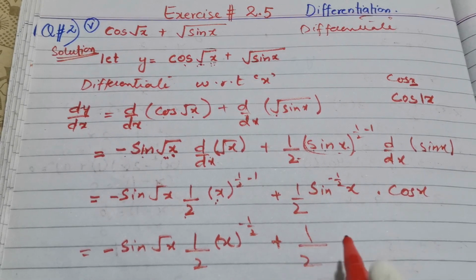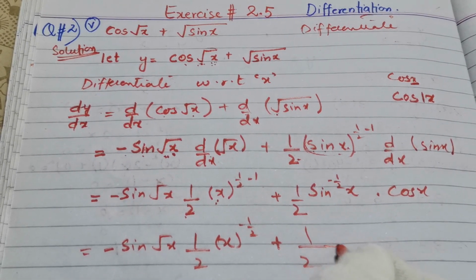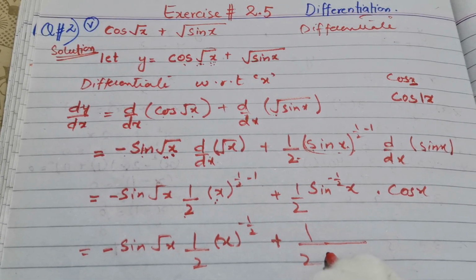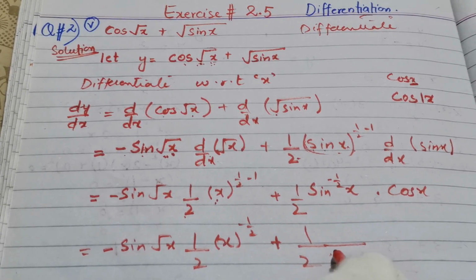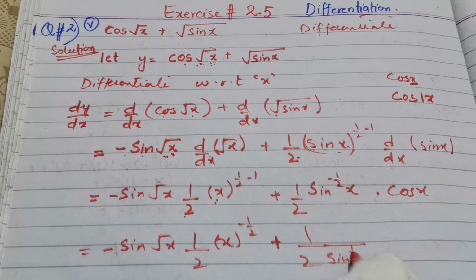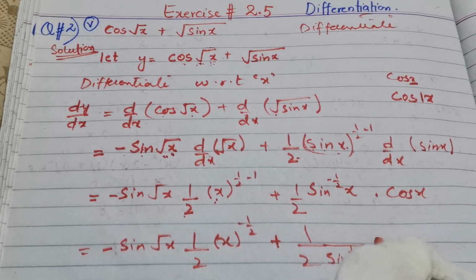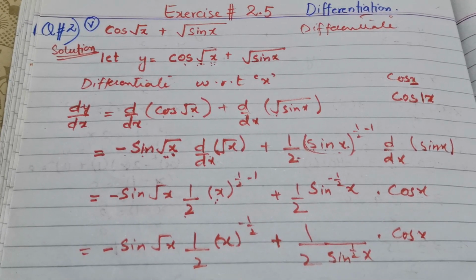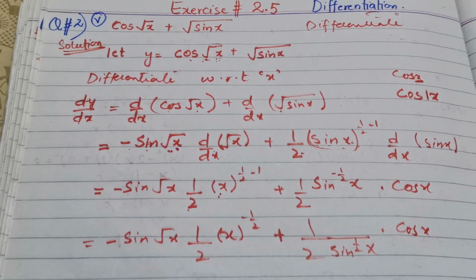This in the numerator. When we take in the denominator, minus 1 by 2 becomes positive 1 by 2, dot cos x.